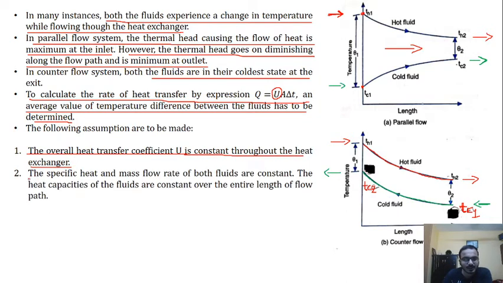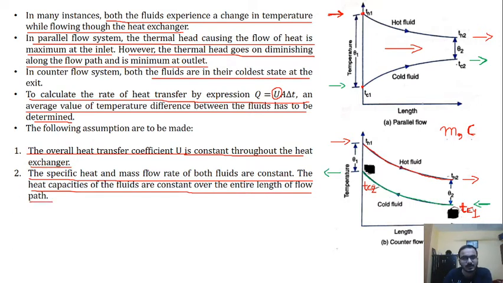Second is the specific heat and mass flow rate, that is the value of mass flow rate m, comma the value of specific heat C. Both fluids are constant, and the heat capacities of fluids are constant over the entire length of flow path.